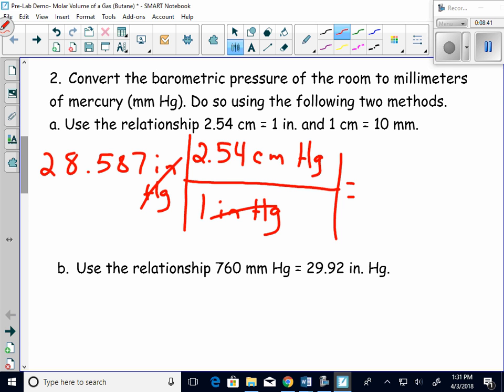So basically, I'm taking that 28.587 and multiplying it by 2.54, and I get 72.61098 centimeters of mercury.